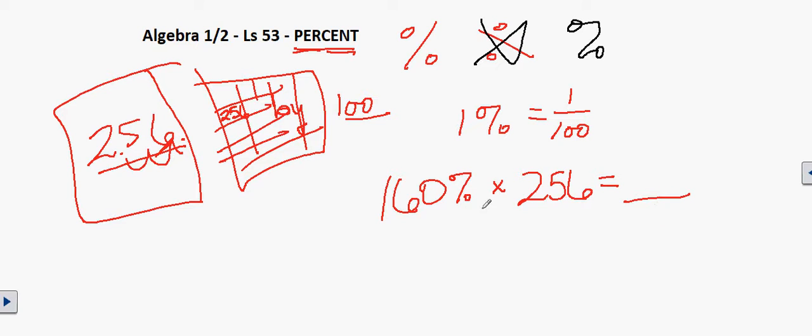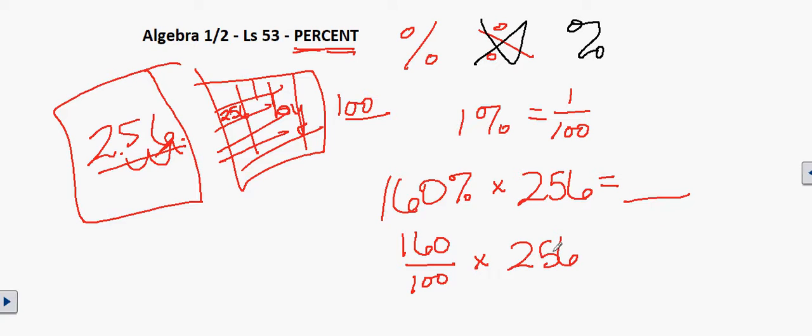What if we want to find out? We change 160% to 160 per 100. Per or by is what we can say as we set that fraction bar. By 100 times 256 is what?